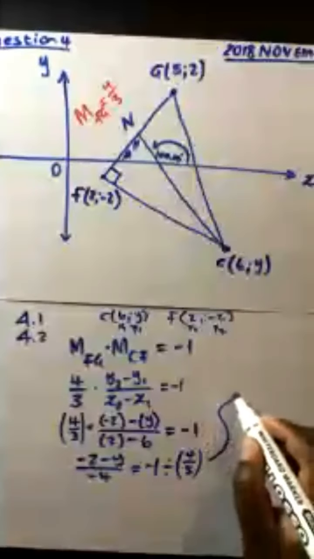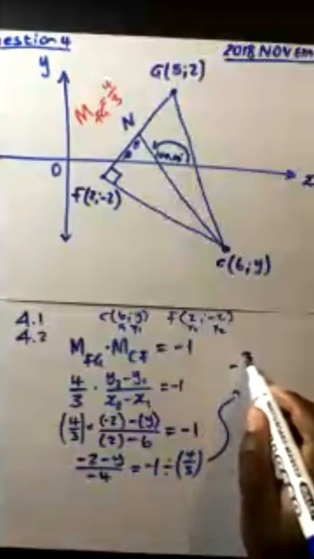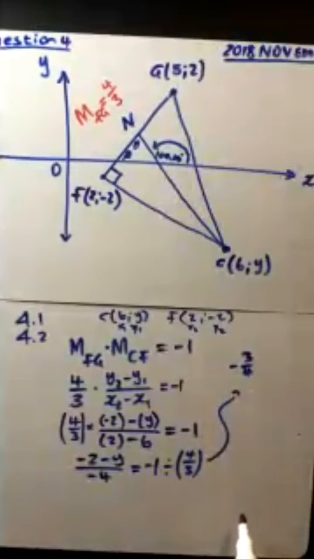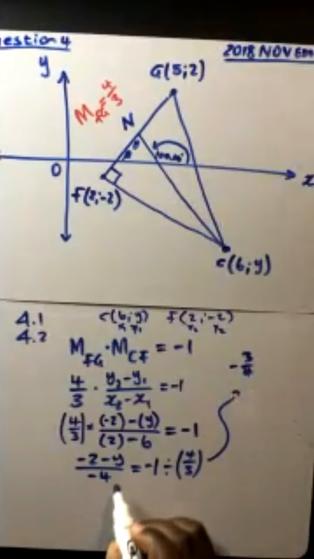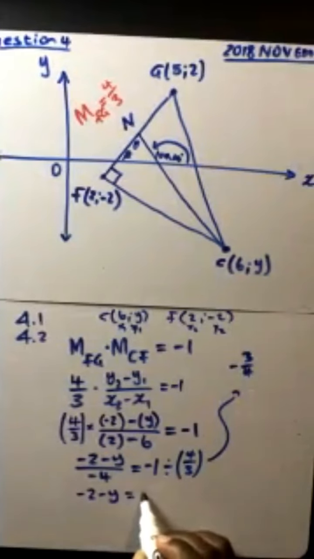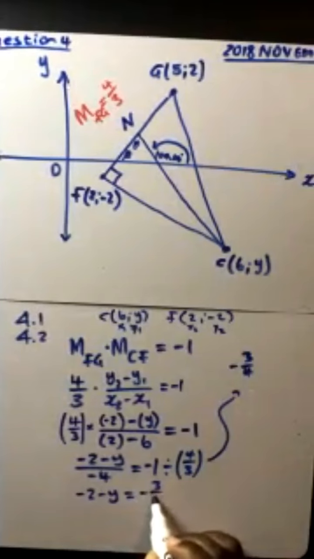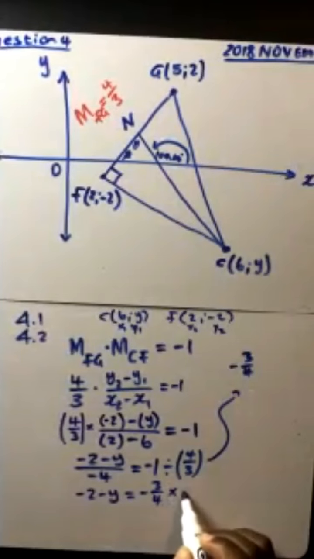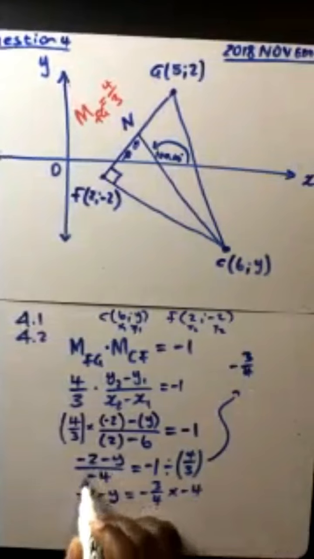So I can cross multiply, meaning I've got negative 2 minus y, which is equal to negative 3 over 4 multiplied by negative 4.